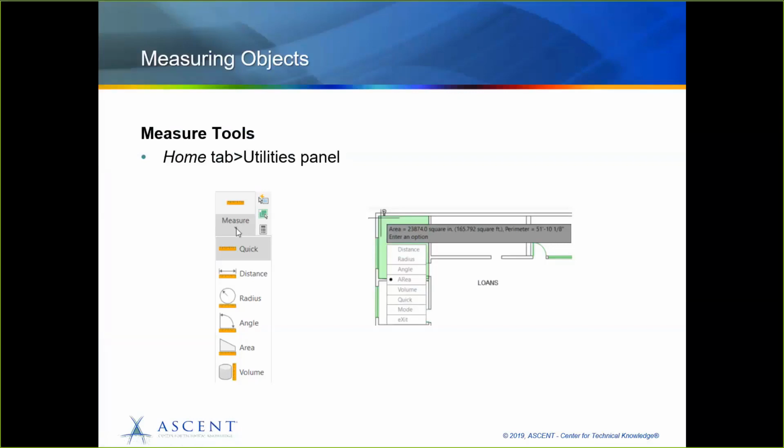So what these measuring tools do is that you can obtain exact measurements of objects that you have already created on the screen. For example, you might need to check the diameter of a machine cylinder, the distance from a property line to the corner of a parking lot, or the area of a room in a house, and so on and so forth.